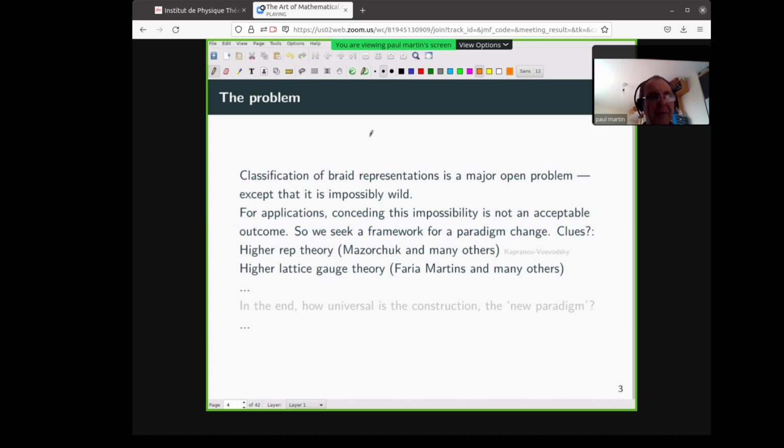And another major suite of clues comes from higher lattice gauge theory, work of Mario Martins, and again, many others. Okay, so we're going to address the problem with a paradigm change. When we've solved it at the end, there'll be a question of how universal is the construction? How good a job did we do of making the impossible possible? I'll come back to that at the end.